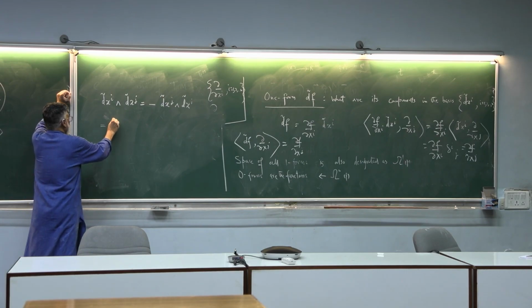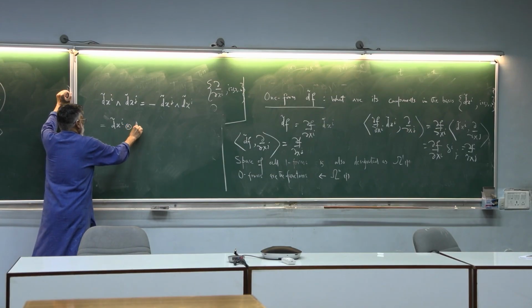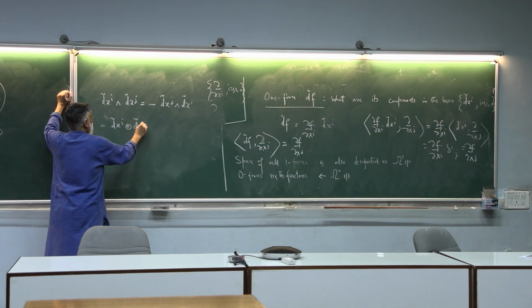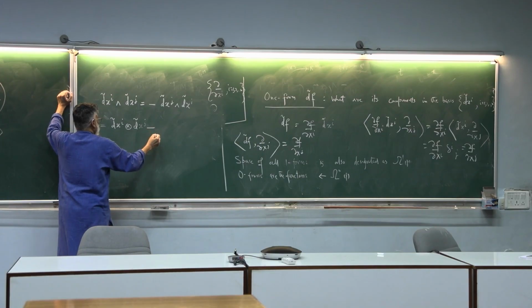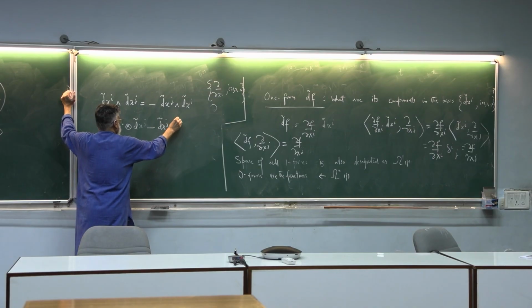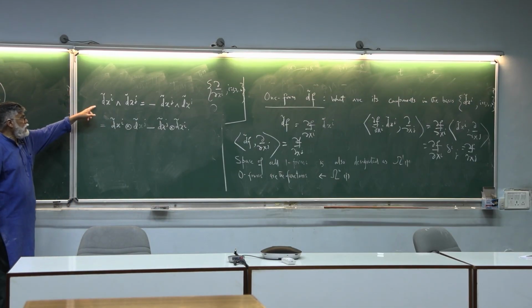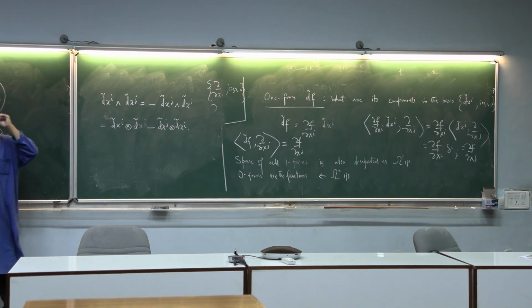This is nothing but d of xi tensor product d of xj minus d of xj tensor product d of xi. So at the basic level, it is constructed using the notion of tensor product. Okay, this is the definition. The wedge product is a definition.